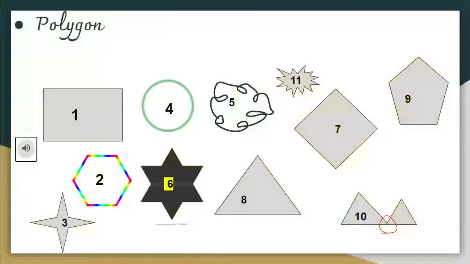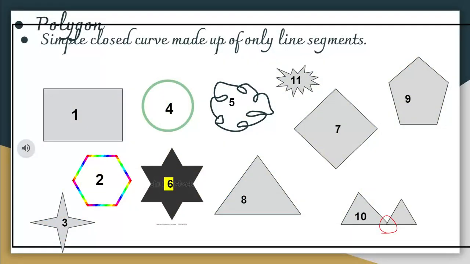So what is a polygon? The simple closed curve made up of only line segments is called a polygon. It is important that it is a simple closed curve, never an open curve and never a non-simple curve.